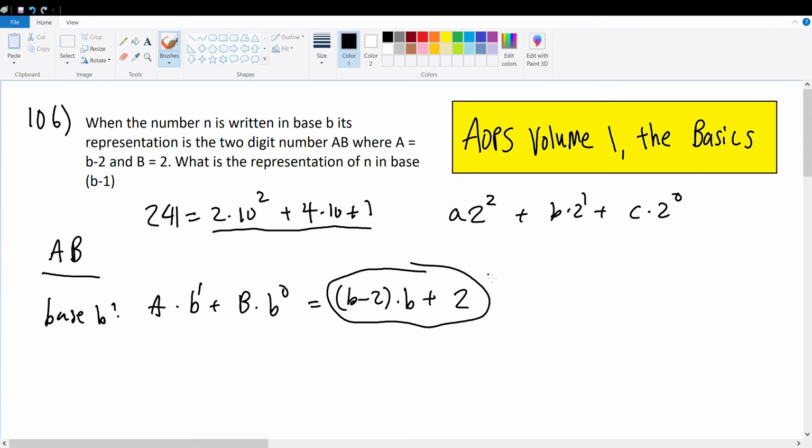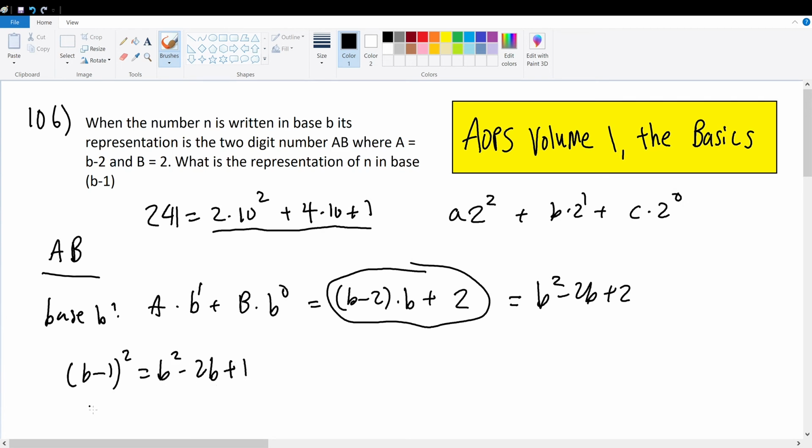Well, that is the same process that we're going to use to change it to, instead of base 2, base b minus 1. So first I'm going to expand this to get b squared minus 2b plus 2. Since I'm trying to rewrite this into the form of b minus 1, I know from basic memory that b minus 1 squared is b squared minus 2b plus 1.